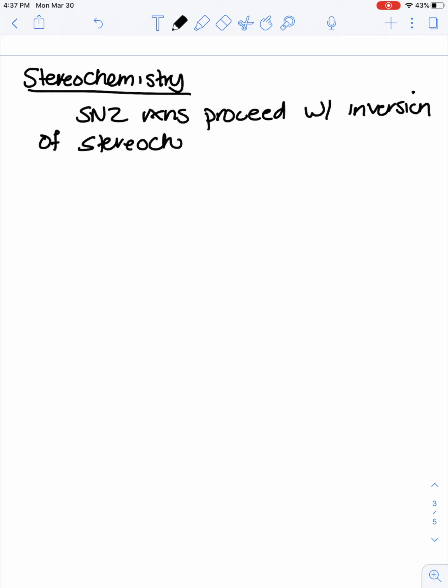So what does this really mean? If your starting material or reactant is R configuration, that means your product will be S configuration, or vice versa. And again, remember, because it's only one step, this is the only way that this reaction can proceed. So let's look at a couple different examples.